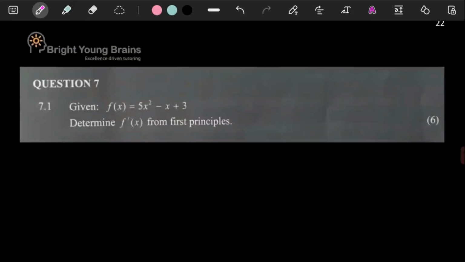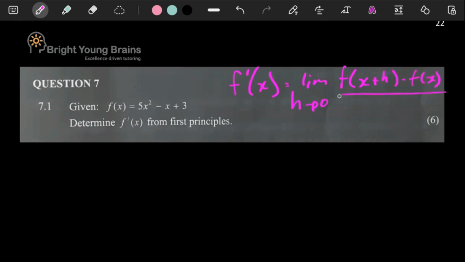So if you're going to determine anything from first principles, we have to use this equation. F prime is equal to the limit as h goes to 0 of f of x plus h minus f of x, the whole thing over h. Now the big idea is the following.